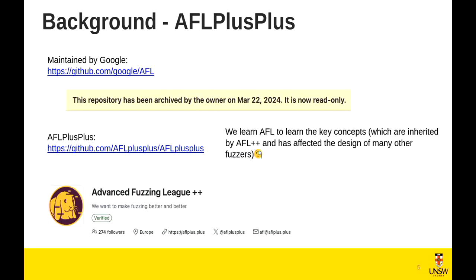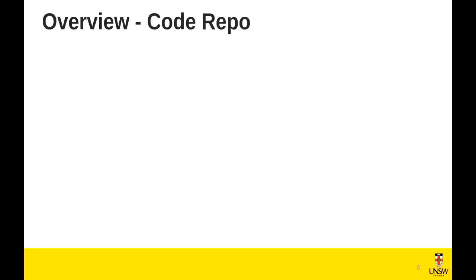But we still learn AFL here because many of the key concepts are still the same. And the code of AFL is very elegant. And talking about code, let's have a look at the code repository of AFL.